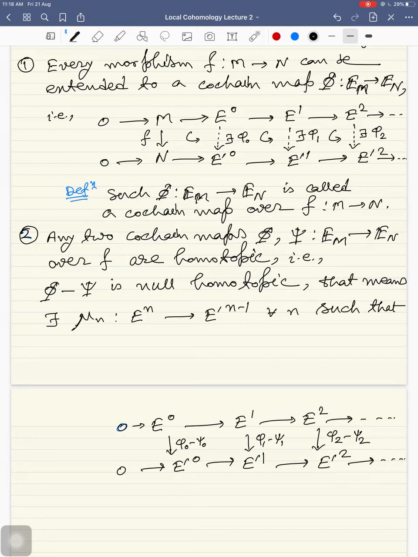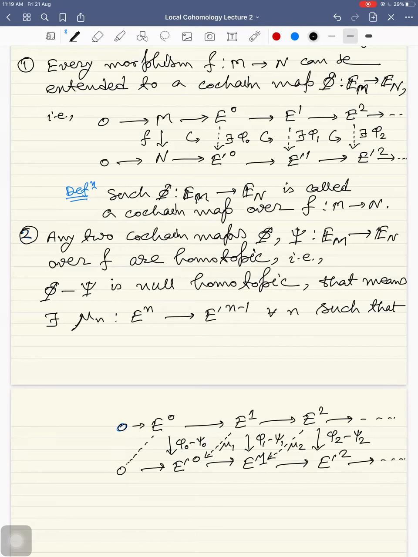And this second statement is saying that in this situation you can have a map from E1 to E prime naught, that is mu 1, and from E2 to E prime 1, it is mu 2, and so on.